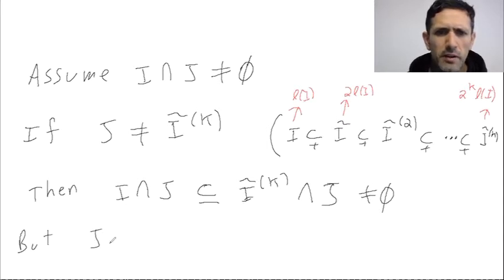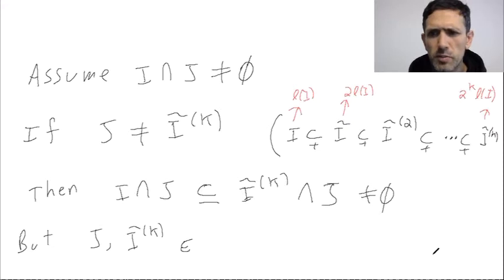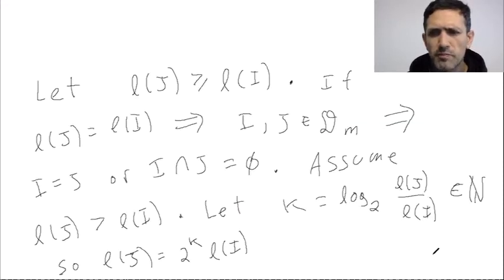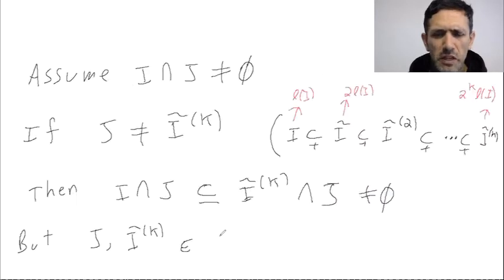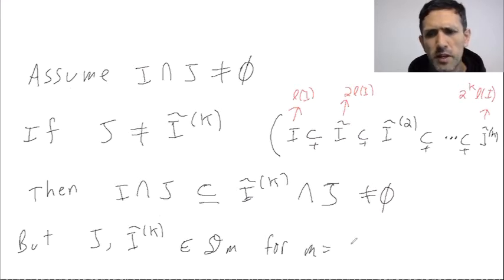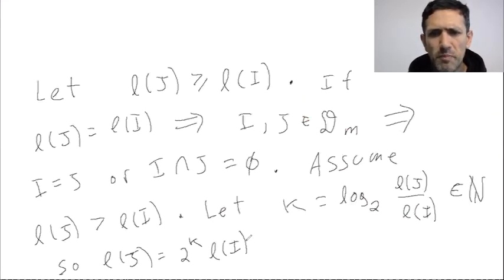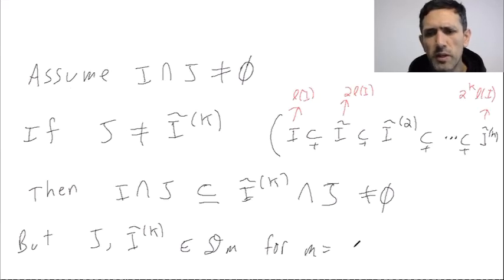Okay. On the other hand, J and I tilde of k are both in, let's say, D_m. Well, m is going to be, well, whatever. It doesn't even matter what m is. The point is that these are in some common D_m because they both have the same length, 2 to the k times the length of I. So whatever m is doesn't matter.